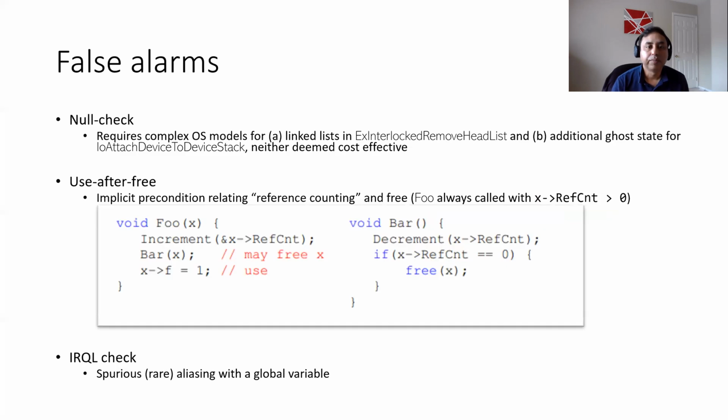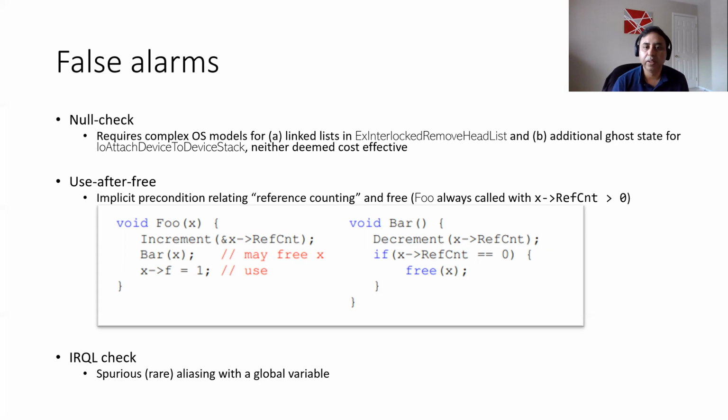Okay, so there were still false alarms that were interesting. So for null check, there were a couple of cases where, to prevent the false alarm, you would need an OS model that needs to reason about linked lists in a method that talks about removing a linked list head, and another API that requires some detailed knowledge of driver stack, which requires some ghost state.